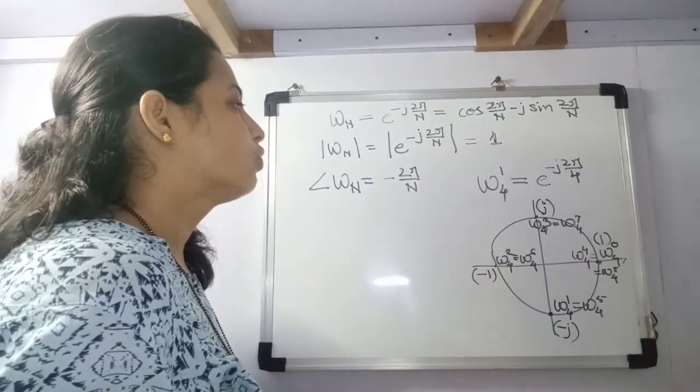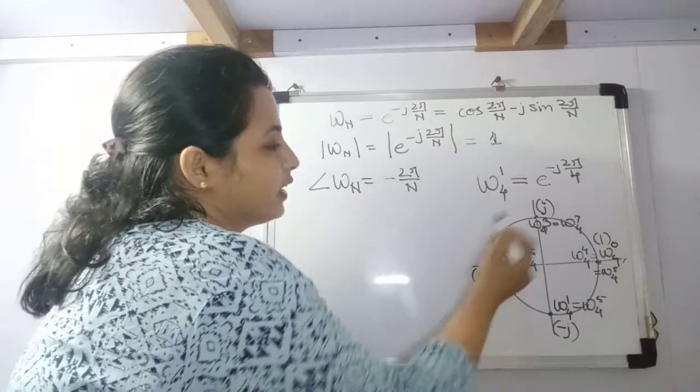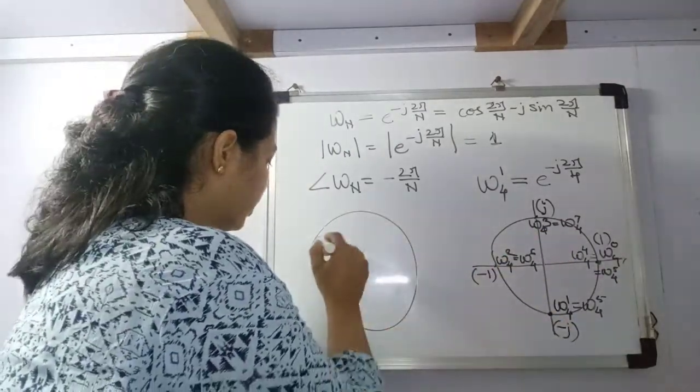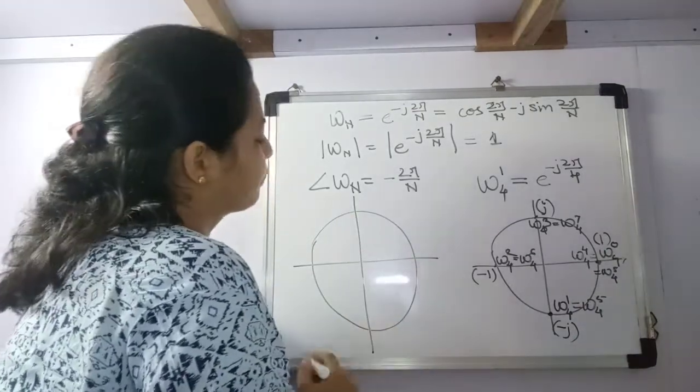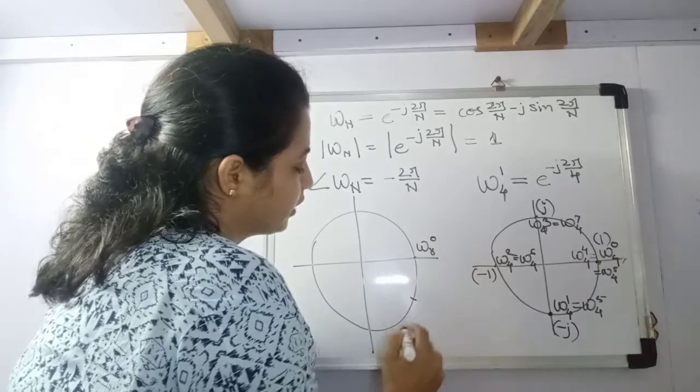Okay, now this is just for 4 points. With 4 points we are dividing the whole circle into 4 points. Now if we want to calculate for 8 points, you have to divide the circle into 8 points.